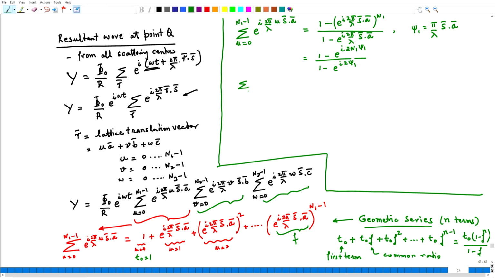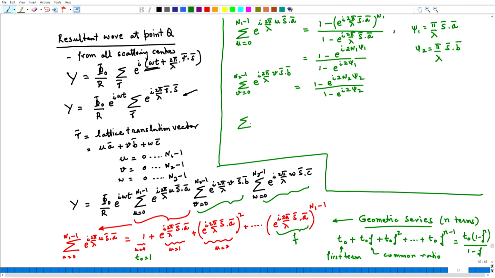Now, it can be readily seen that this summation term, v equals 0 to n2 minus 1 e to power i 2 pi upon lambda v times s dot b, could be written as 1 minus e to power i 2 n2 psi 2, where psi 2 is pi upon lambda s dot b, divided by 1 minus e to power i 2 psi 2.